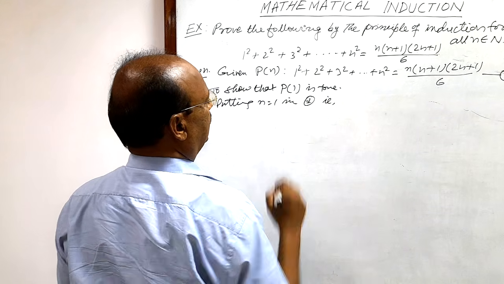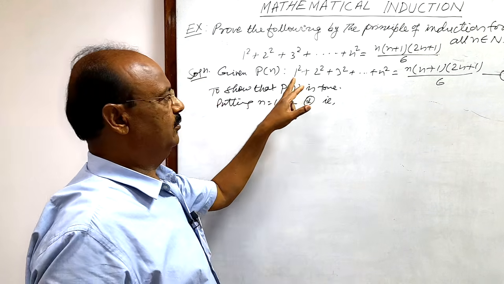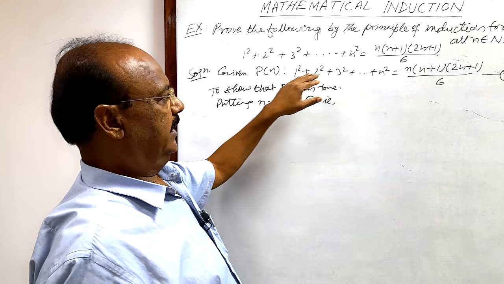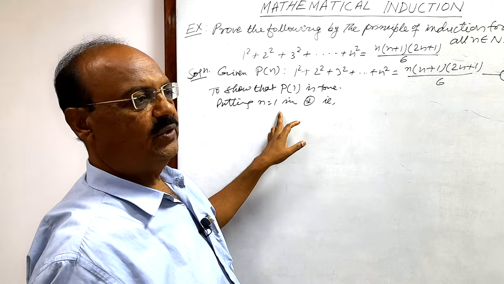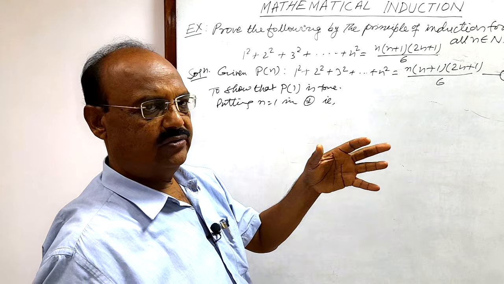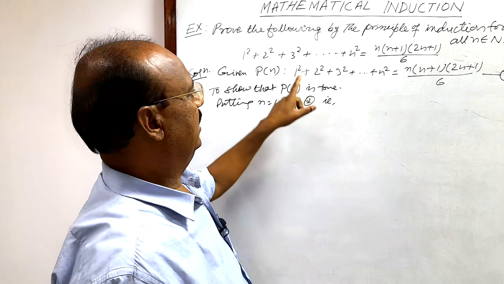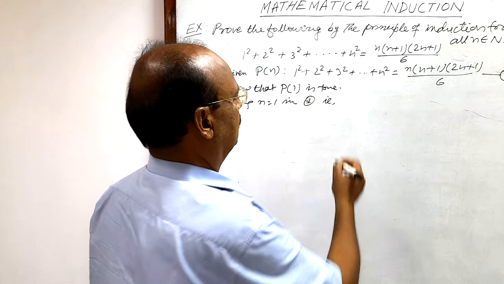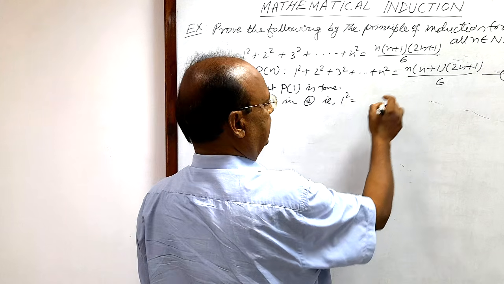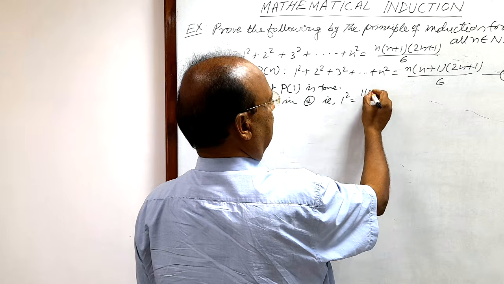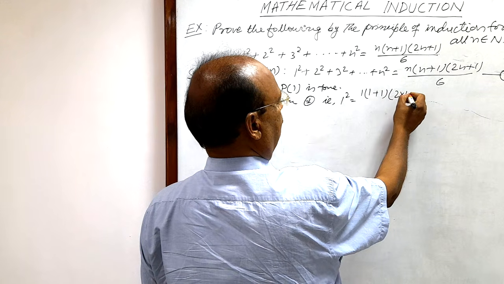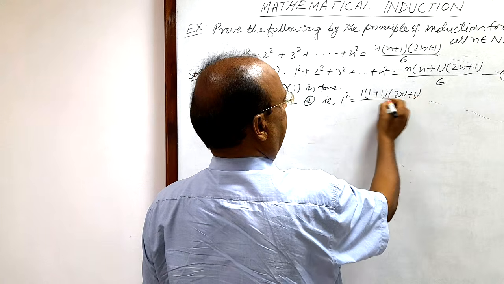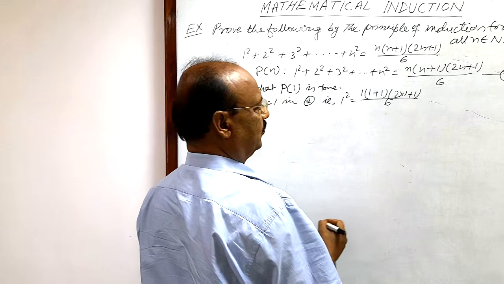Here, in the left hand side, if you put n equal to 1, the number of terms is n, so taking n equal to 1 means we are taking only one term. So in the left hand side only one term, 1 square, and in the right hand side 1 into 1 plus 1, 2 into 1 plus 1, divided by 6.